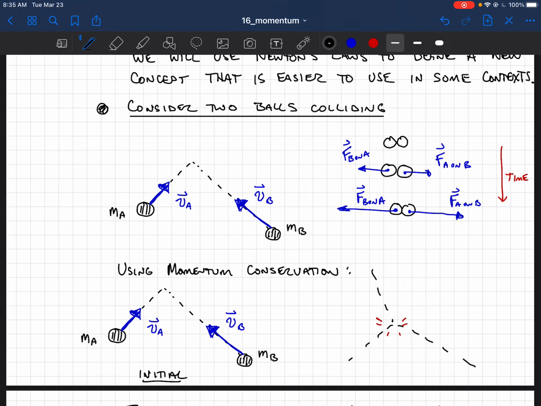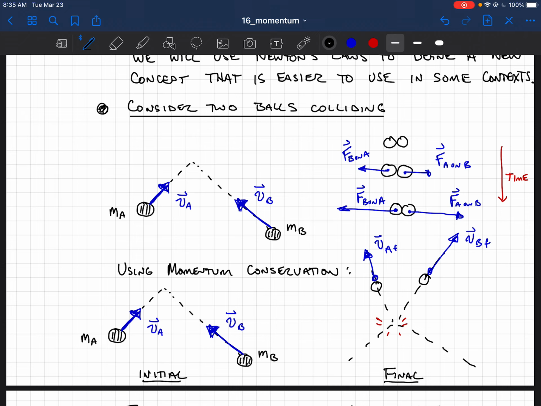And then, say afterwards, we have, maybe this is VA final, and maybe this is VB final. So our objects go off on their own way after the collision. And this will be the final picture.